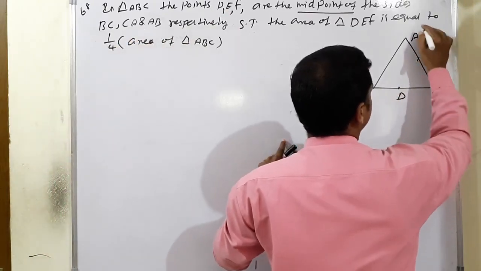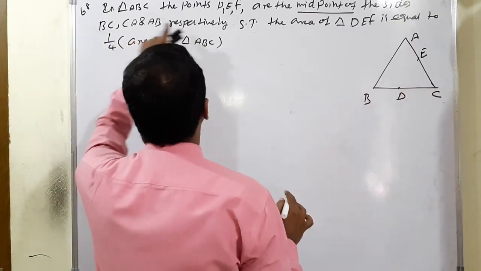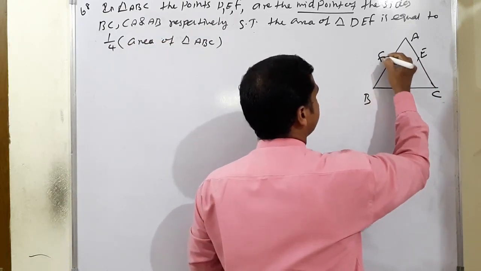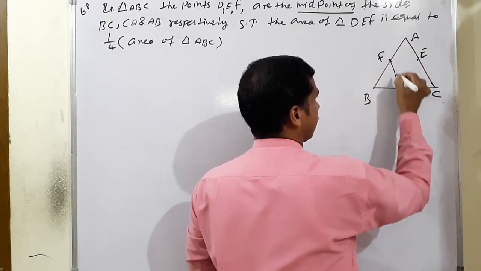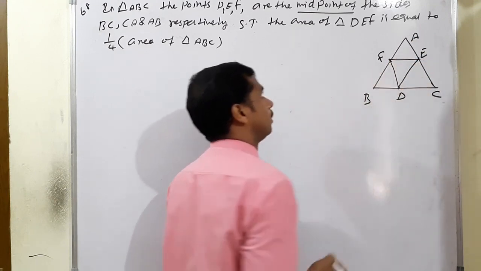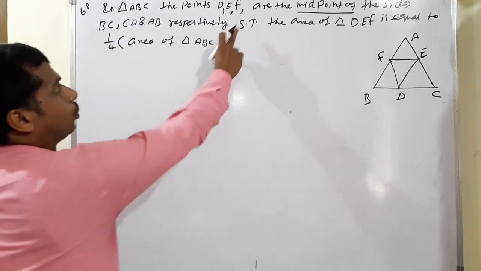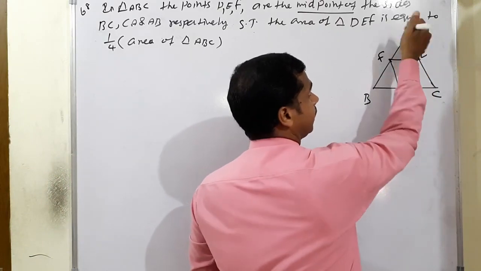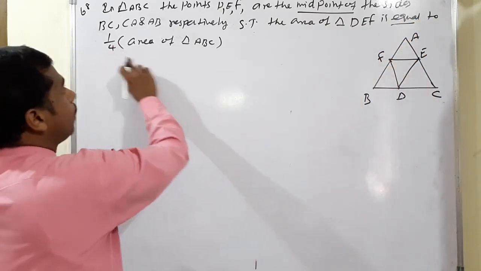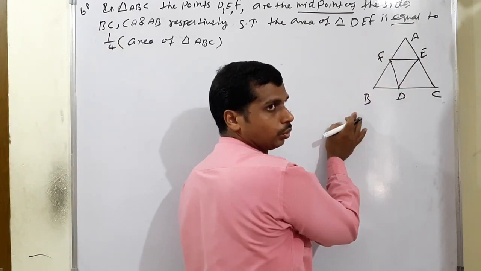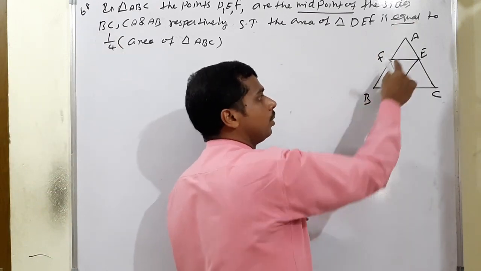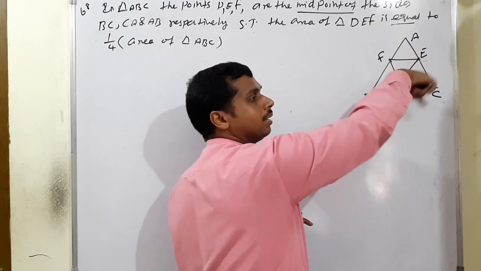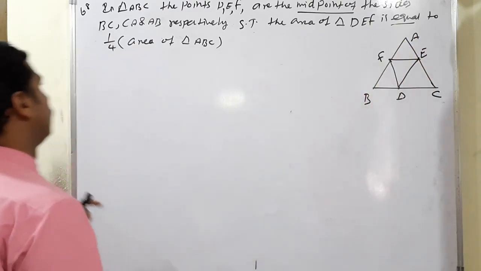Last one, F is the midpoint of AB. Inside one triangle will come. This is one of the conditions. Show that the area of triangle DEF, that small triangle, is equal to 1/4 into the bigger triangle ABC. We have to show the condition.